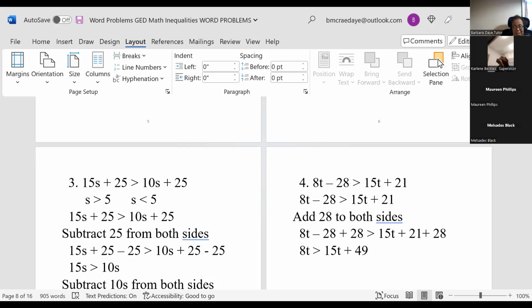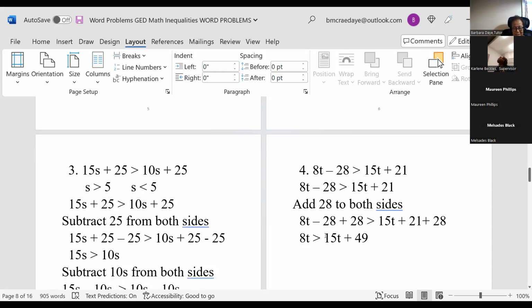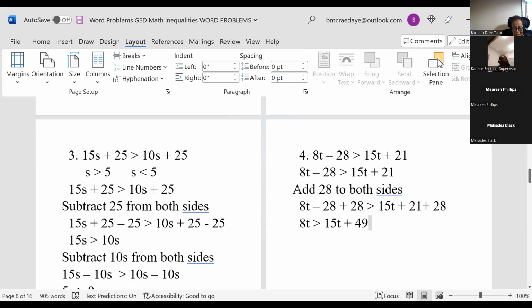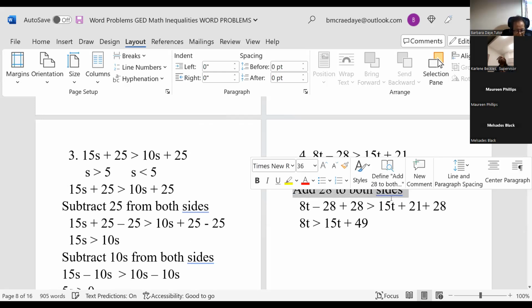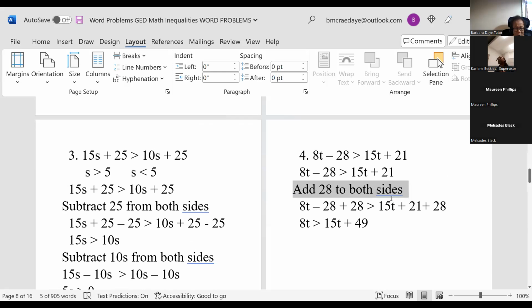Okay, what's the next step, Mercedes? You're trying to get the t by itself. So what's your next step? You want to get your t's, your variables together, so we're going to subtract 8 on both sides. No, Mercedes, you want to get the t's together.